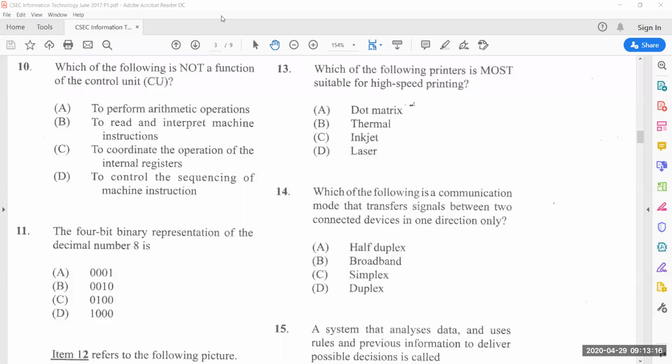All right, let's see. Mamadou, what do you have for this answer? Mamadou, are you there? Miguel, what do you have for number 13?